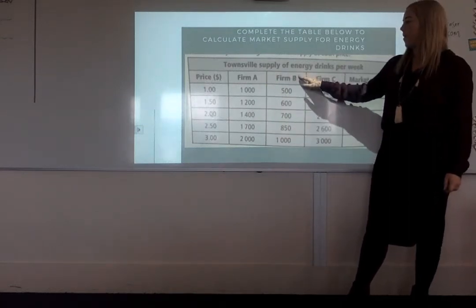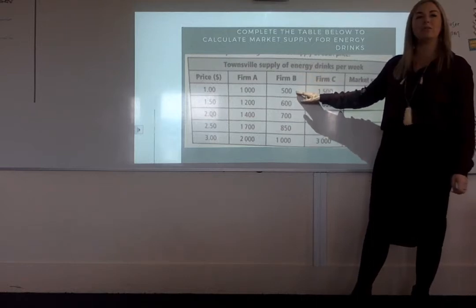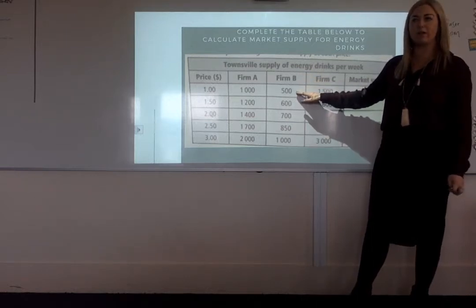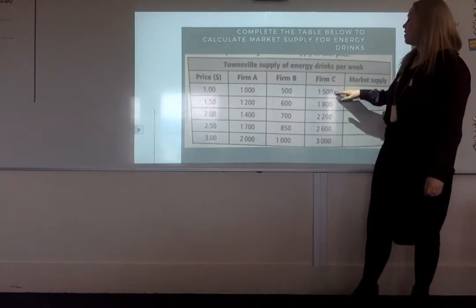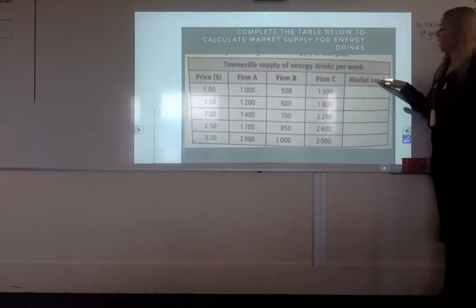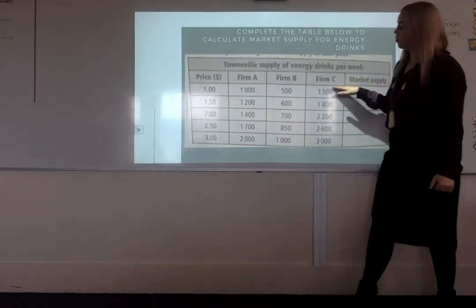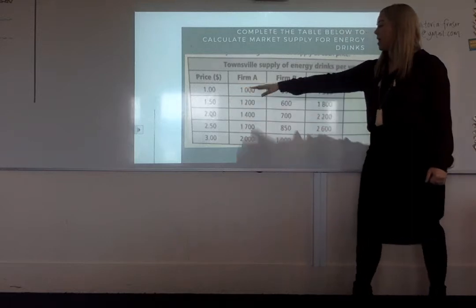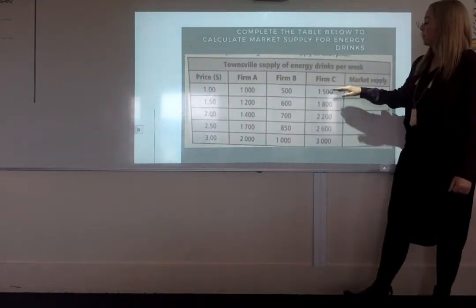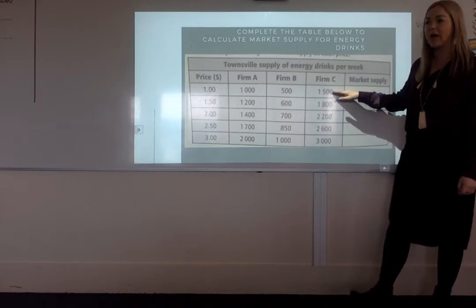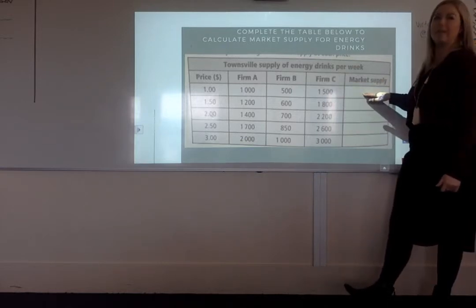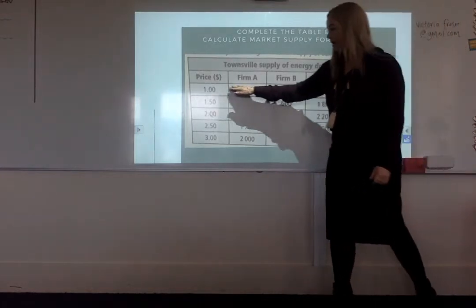At $1, firm B is willing and able to supply 500 units. Firm C is willing and able to supply 1,500 units. So our market supply, we add them all together. So 1,000 plus 500 plus 1,500 would give us a market supply of 3,000 at $1.